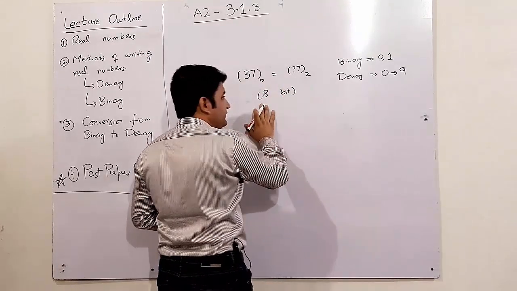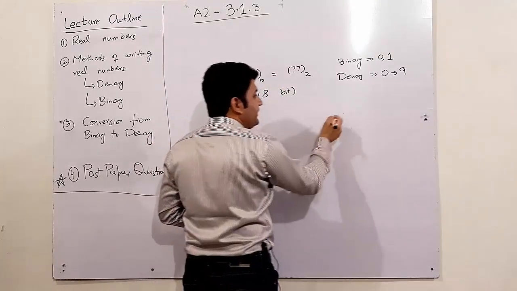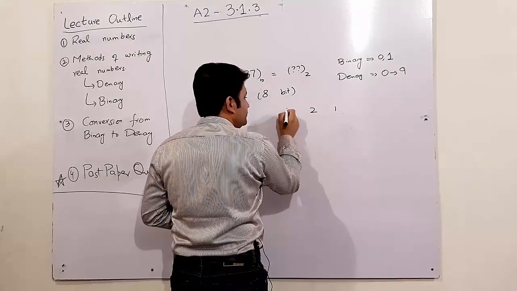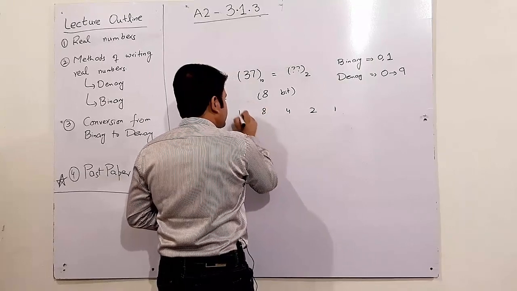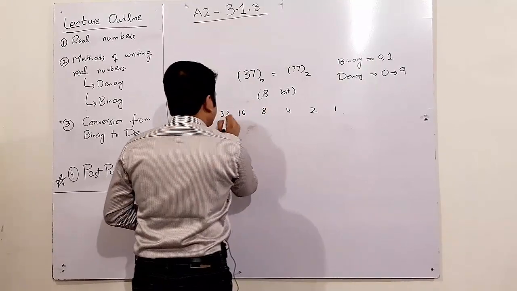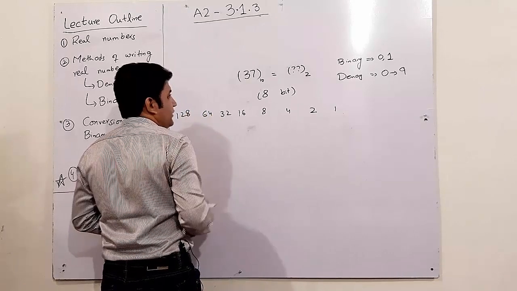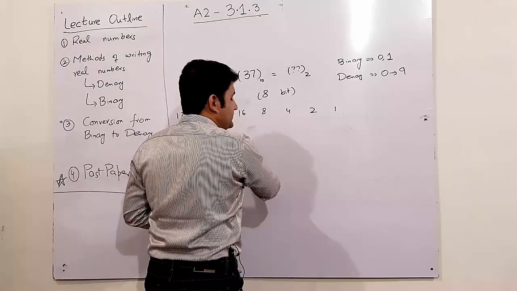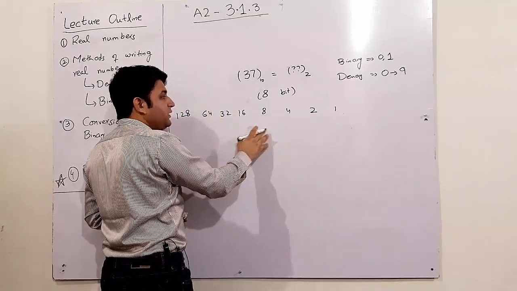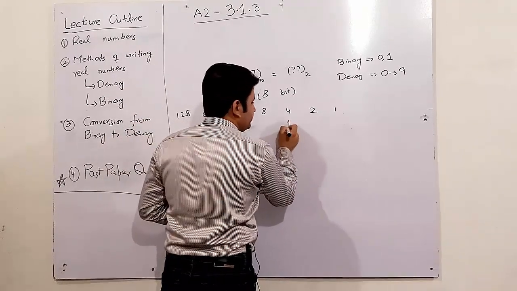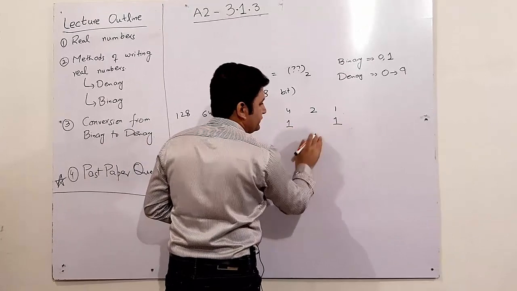And in order to write it in 8-bit notation, I will be writing positional significances, which are 1, 2, 4, 8, 16, 32, 64, and 128. And in order to construct 37 out of these positional significances, I will be putting 1 under 32, 1 under 4, and 1 under 1.